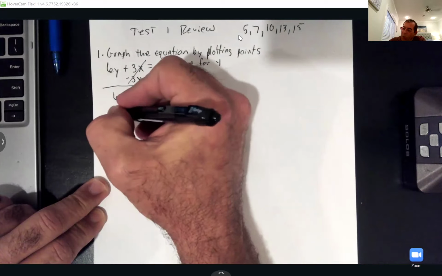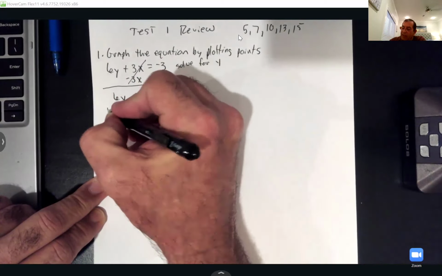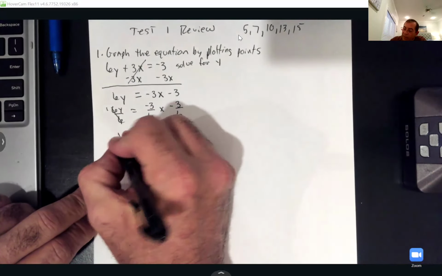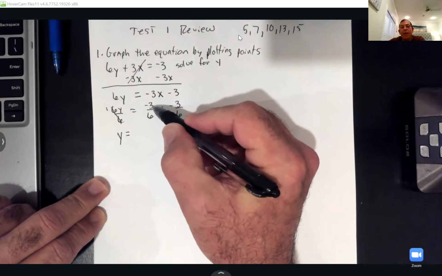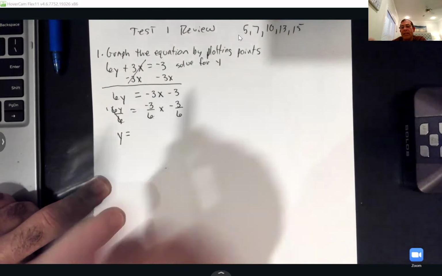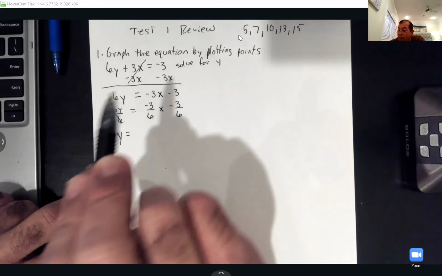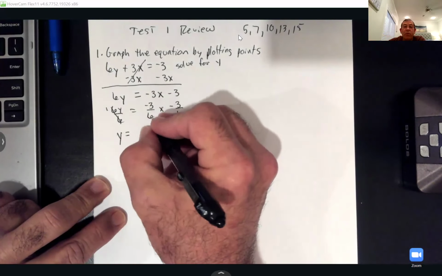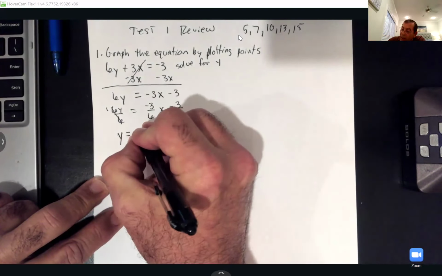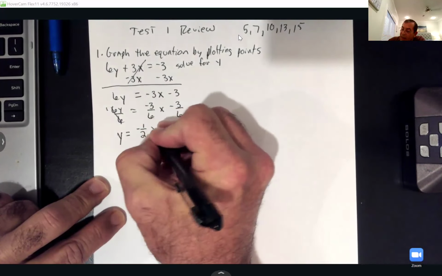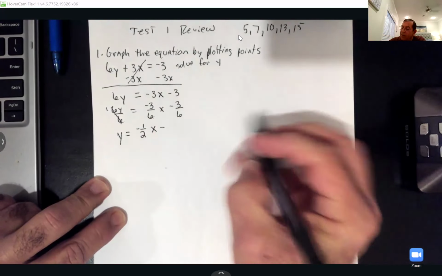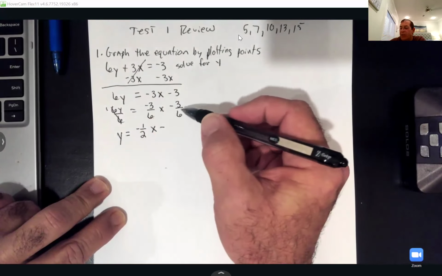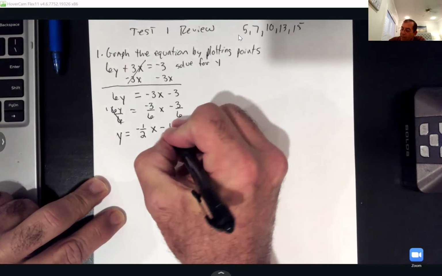So here we go. 6 divided by 6 gives me a 1y right here. -3/6, I'm going to reduce that fraction because both of these will divide by 3. So that'll give me a -1/2 x minus 3 divided by 6 gives me another 1/2.